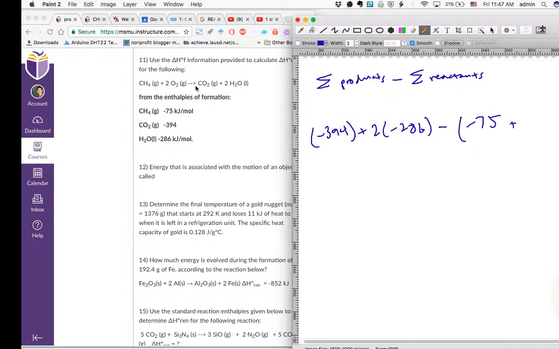plus whatever else we've got here, oxygen. Now look at this. Oxygen is a pure element, O2. It's a gas. At room temperature and under regular atmospheric pressure, O2 is found as a gas in nature. So by definition, the chemists say that the heat of formation for O2 gas is 0. The reason is you don't need to do anything to it.